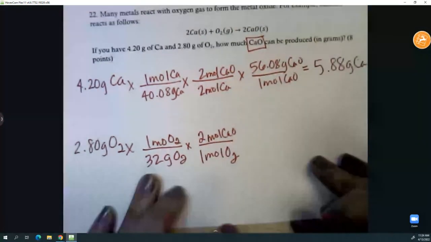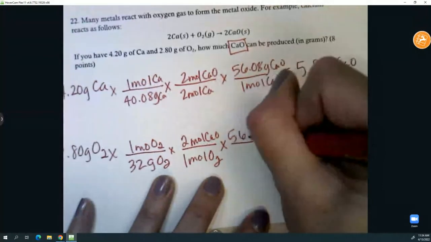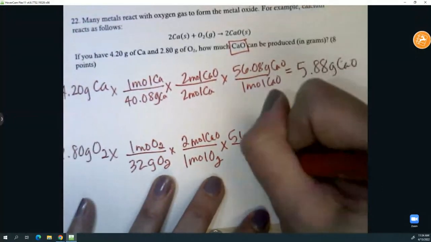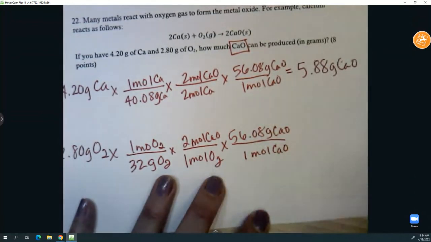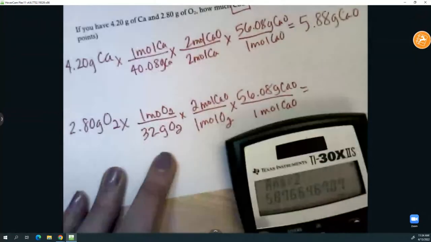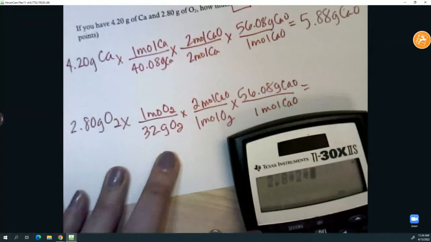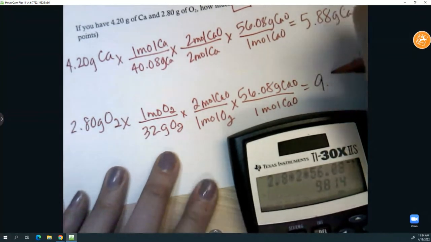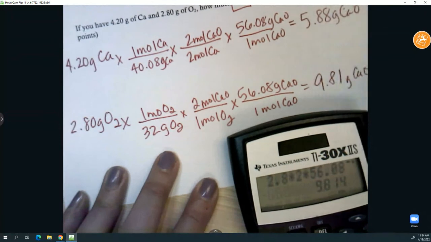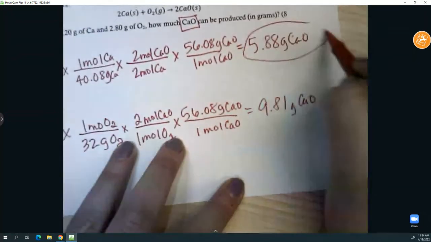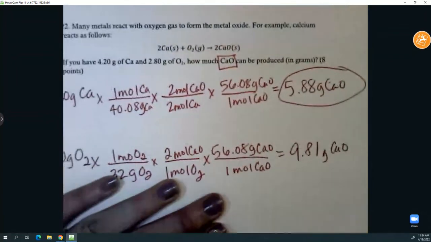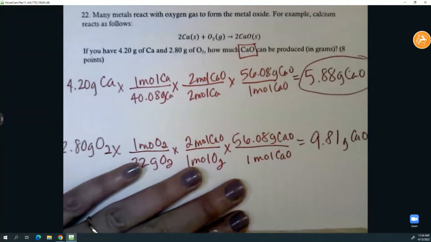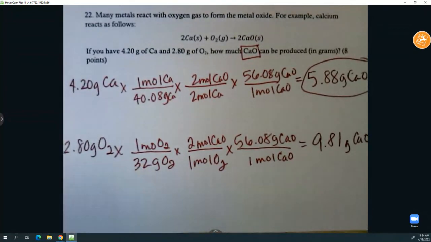So if I have it flipped upside down, I'll get the wrong answer. Of course, I already have the molar mass because I used that up here. Once I'm in calcium oxide, I can use the same molar mass. 5.81. So those are my two amounts. I just circle the smallest. That's all I can make because then I ran out of something. I'm trying to fit it all on the screen at once.